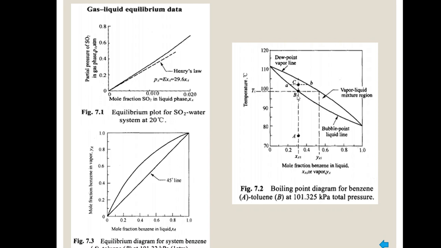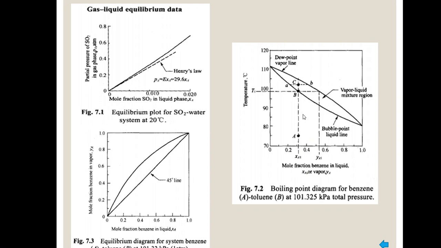Why is it that from B I go rightwards until here? It will answer the question, what would be the composition of the vapor in equilibrium with this liquid at this particular concentration. For example, you have a composition of 0.4 of A in the liquid phase. Now, you would be asked, what is its boiling point?